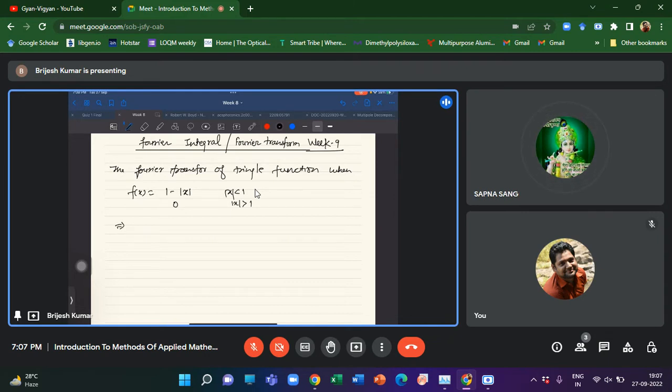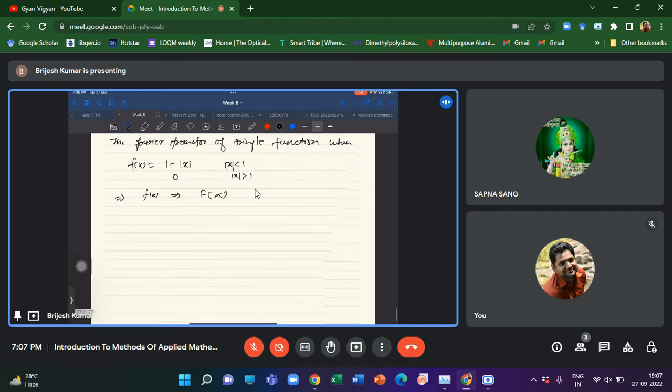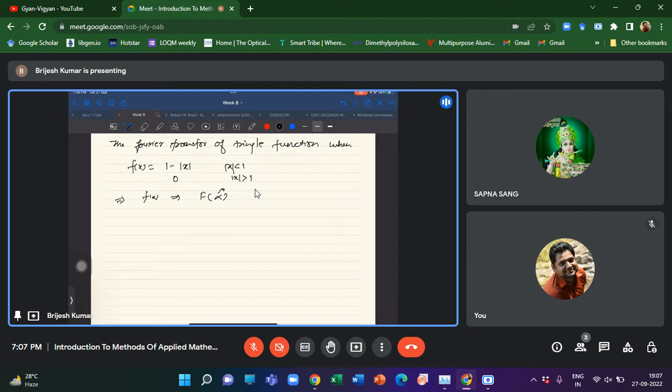So for Fourier transform, what is the definition? If f(x)'s Fourier transform is F(alpha), where alpha is a variable of a different domain, then the Fourier transform is defined as the integration from minus infinity to infinity of f(x) e to the power minus i alpha x dx.